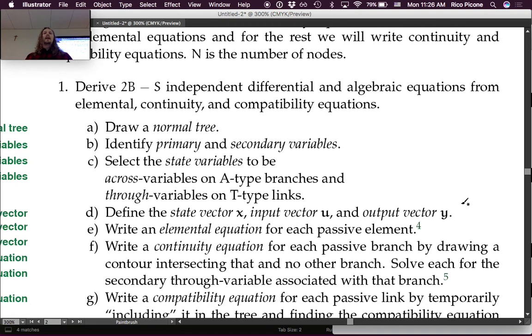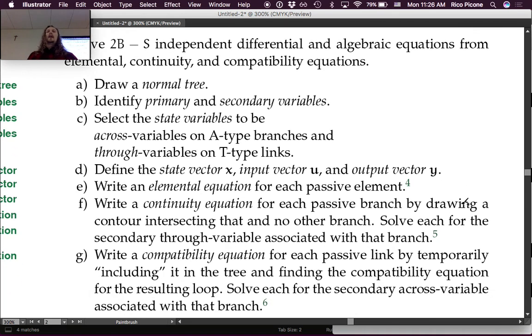E, write an elemental equation for each passive element. So each passive element has an elemental equation. We write it down. F, write a continuity equation for each passive branch by drawing a contour intersecting that and no other branch. Solve each for the secondary through variable associated with that branch.